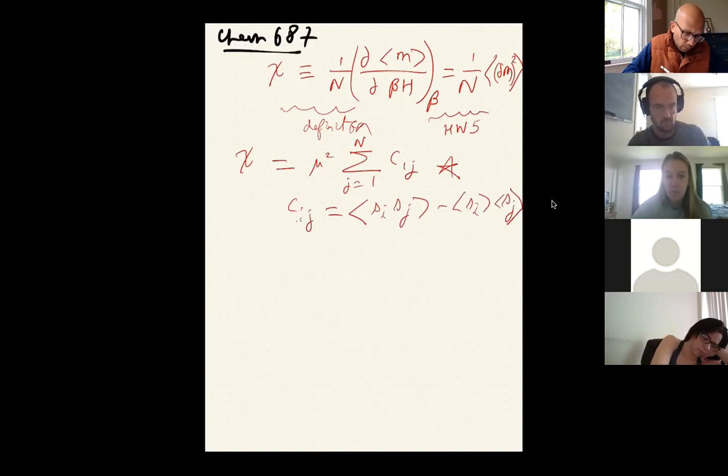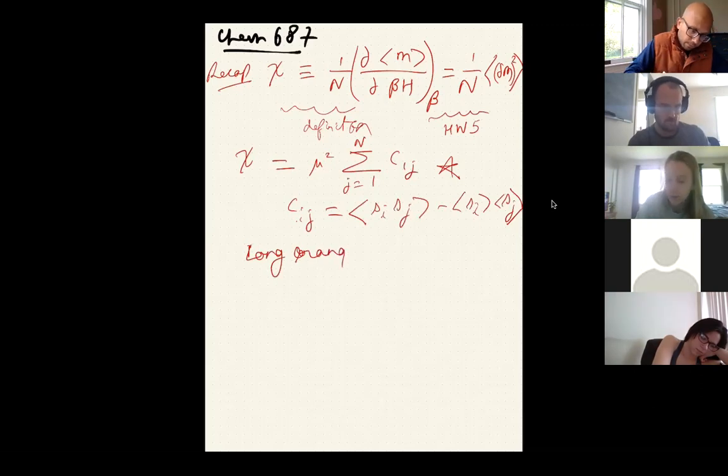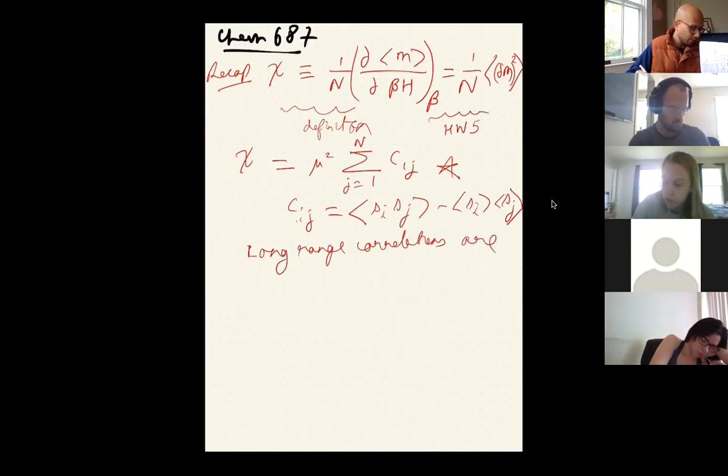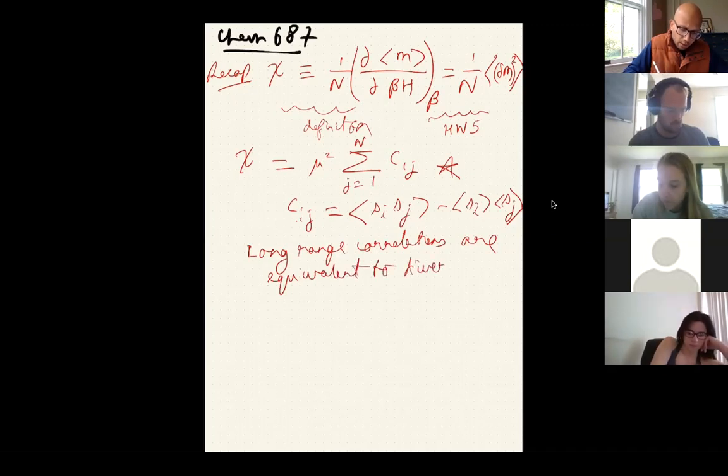So this showed us that long-range correlations are equivalent to diverging susceptibility.